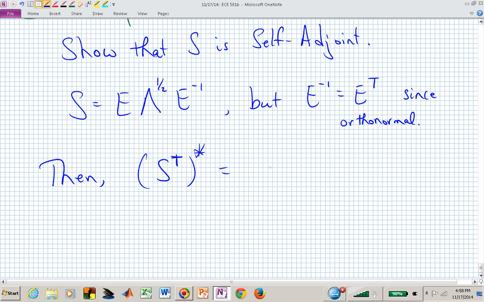This is now S transpose, since I'm dealing with real. This is now E lambda to the 1/2 E to the minus 1 transpose. I need to reverse the order of these, so this is now E transpose transpose, reminding myself that E inverse was E transpose.